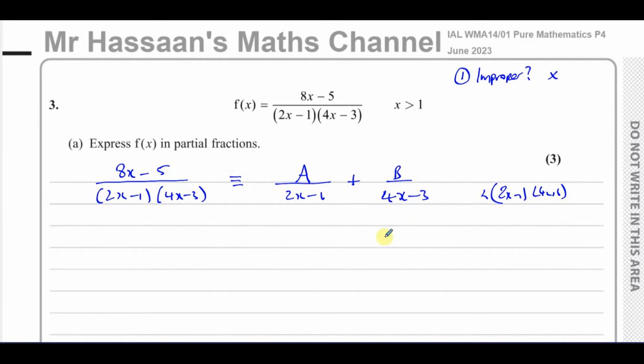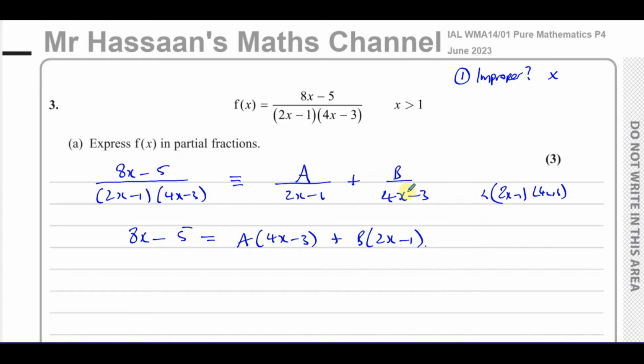So if you multiply this side by that, you get 8x minus 5. If you multiply this term on this side by that, the 2x minus 1 part cancels out, and you're left with A times (4x minus 3), plus B multiplied by (2x minus 1). B will multiply by this one, because when you multiply this by that, the 4x minus 3 part cancels out, and you're left with 2x minus 1.